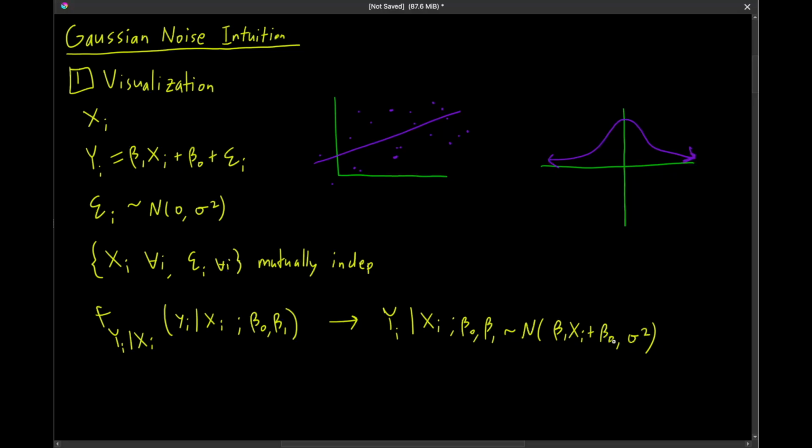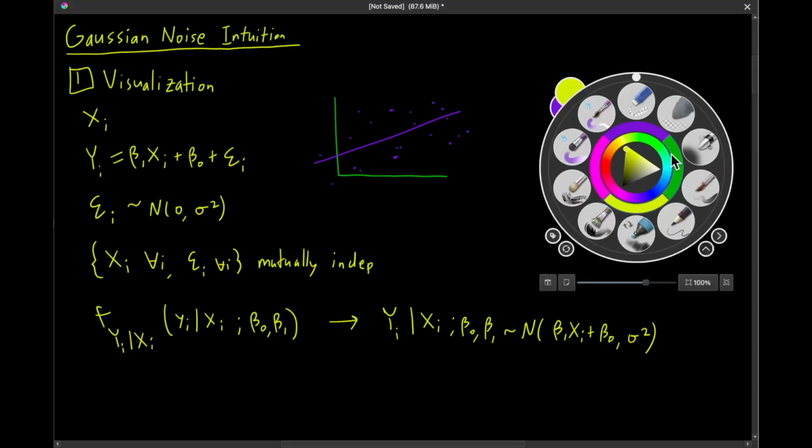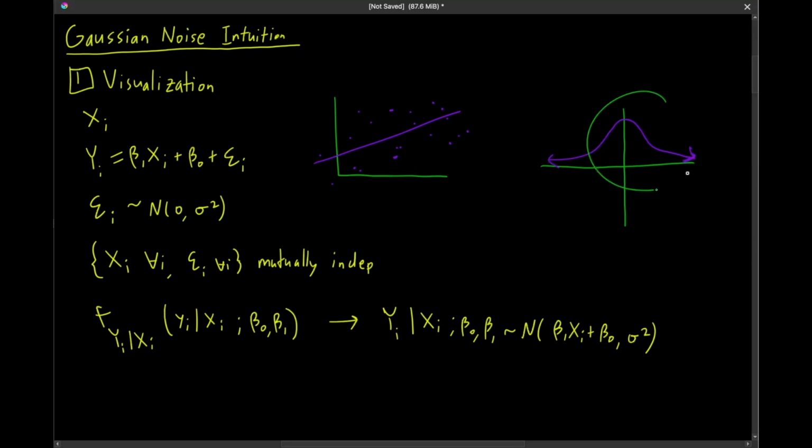So I want to sketch a visualization of the distribution of the yi given the xi. So what does that look like? Well, see here in this example, for this normal distribution, the x-axis here is maybe some random variable, call it z, and this is the PDF of z, right?